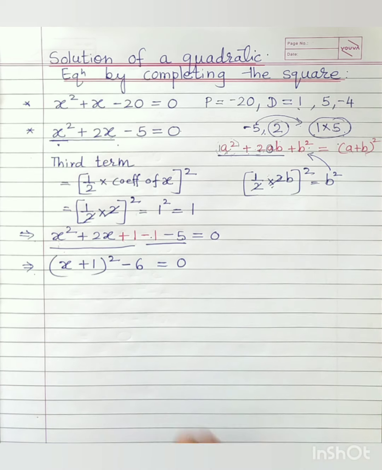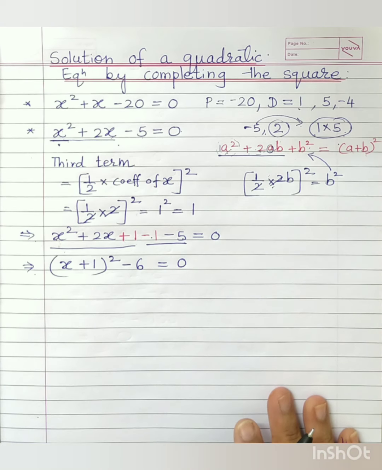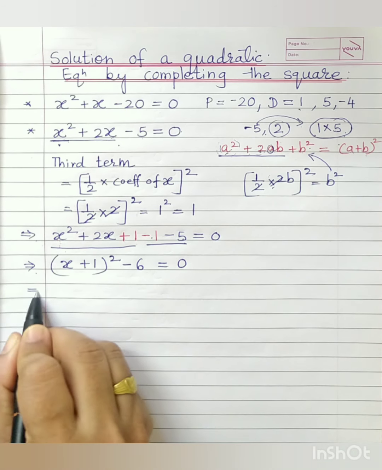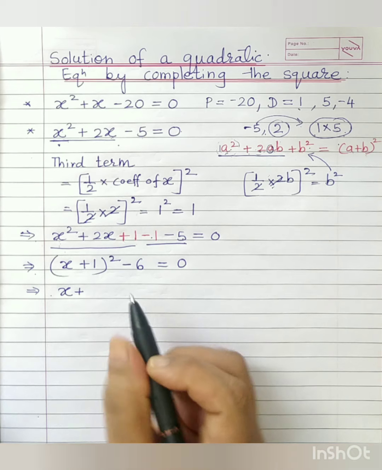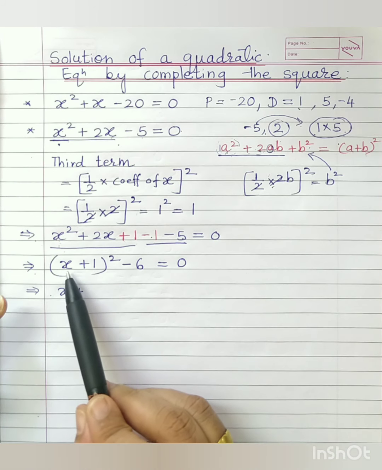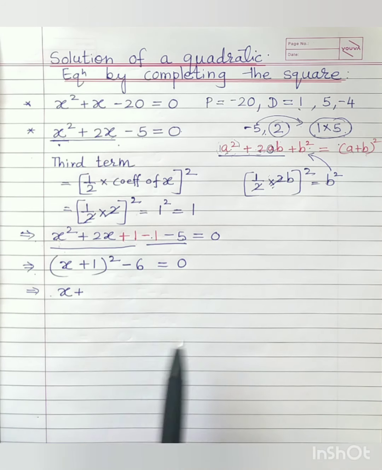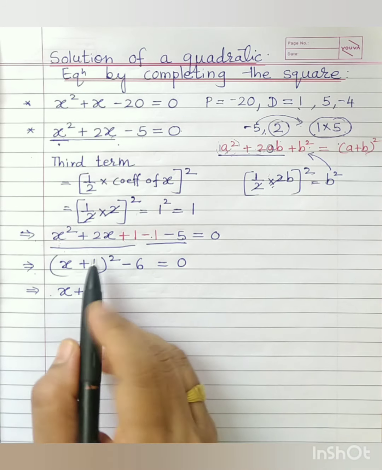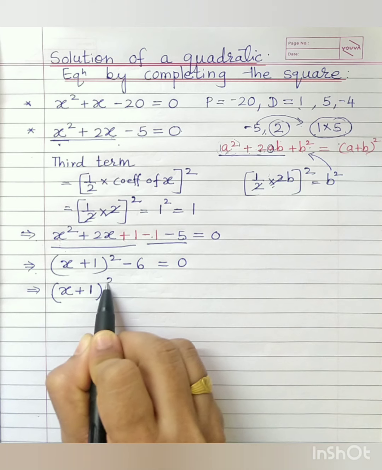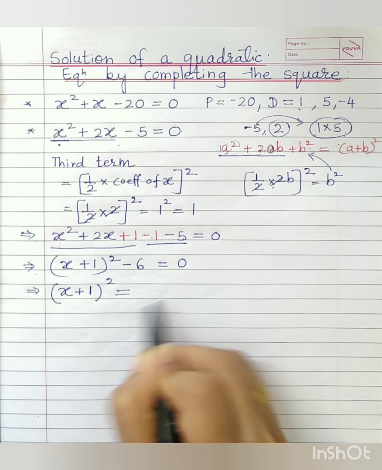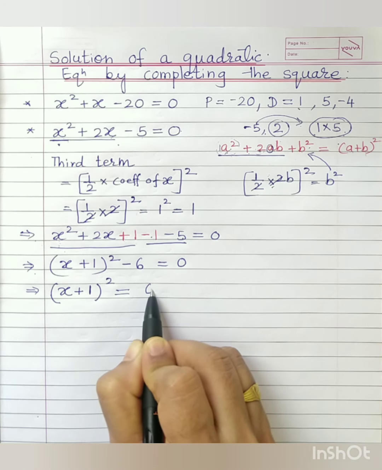I said that I will show you one easy method, and in the next sum we shall shift to the textbook method. Here what I am suggesting is that you write here, see, do not forget what our purpose is in doing all these things. We want to know the value of x, right? So you need to take it out. So I will keep x plus 1 the whole square on one side, minus 6 shifted to that side. What will it become? 6.